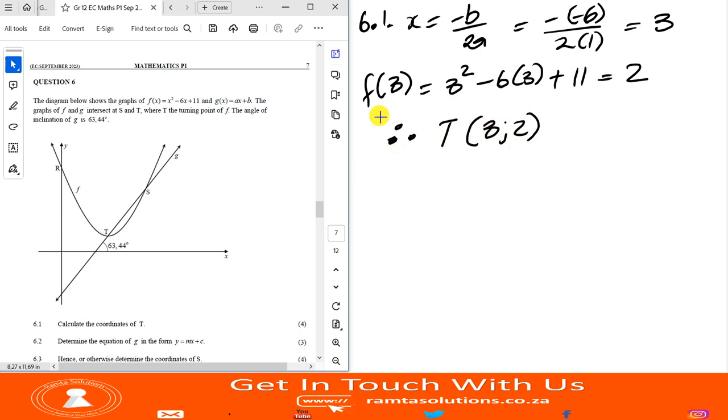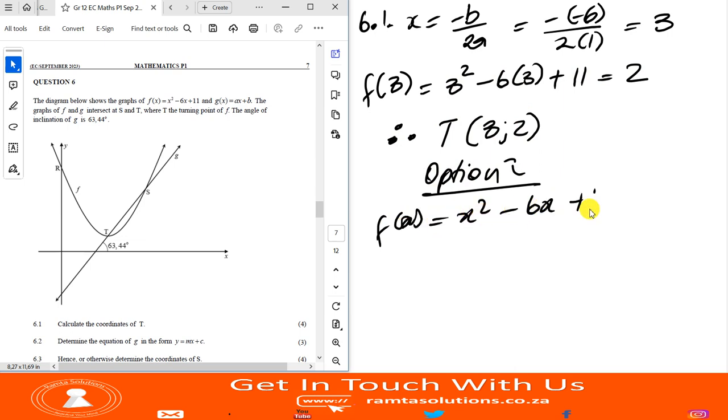Or if you like, you can complete the square. Option 2, you can say f of x equals x squared minus 6x plus 11. With this one, you don't have to worry much about anything, so you just complete the square directly. Plus half of negative 6 is negative 3, squared.